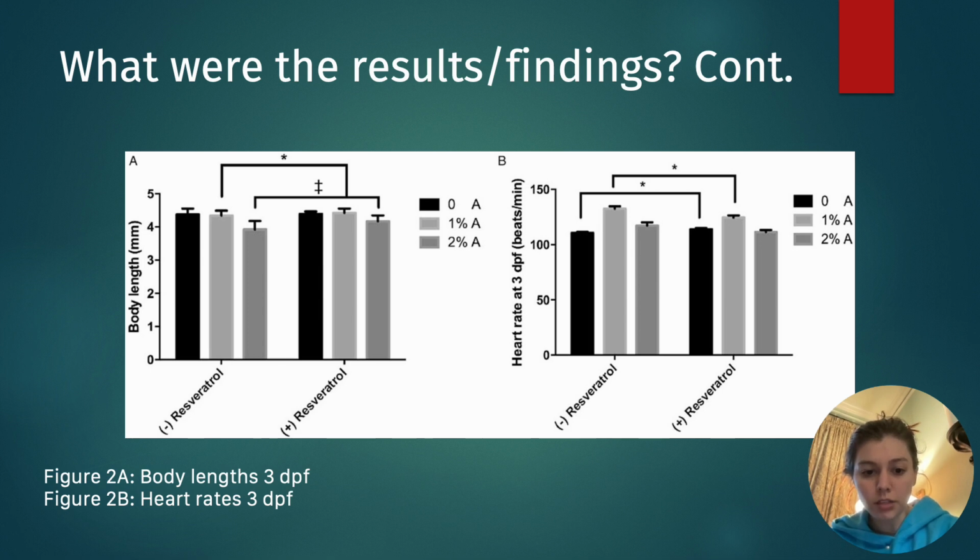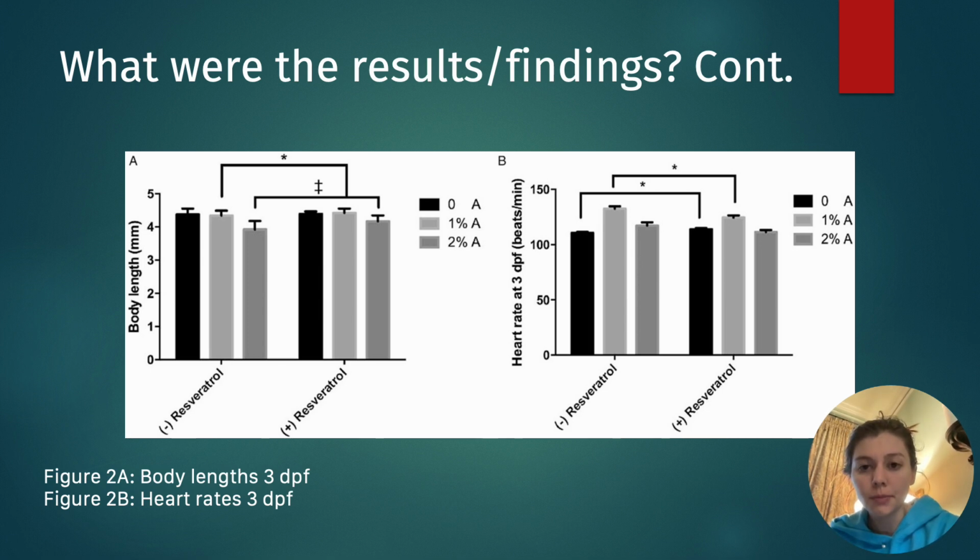So for the body length, the 1% alcohol and the 2% alcohol had comparable body lengths, both shortened. And then the 2% was slightly less than the 1%, but nonetheless both shortened compared to the control groups.